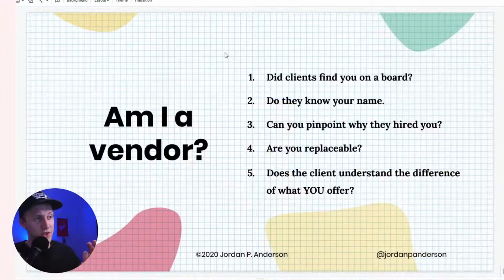You've known her for 3 months, and you two have been going back and forth texting each other for the last 3 months, and you hired me 3 weeks ago? Damn, Jordan, I am the vendor. So I've been there. So don't worry, don't get offended by this list. But if you're reading this list and you're like, I might be the vendor.